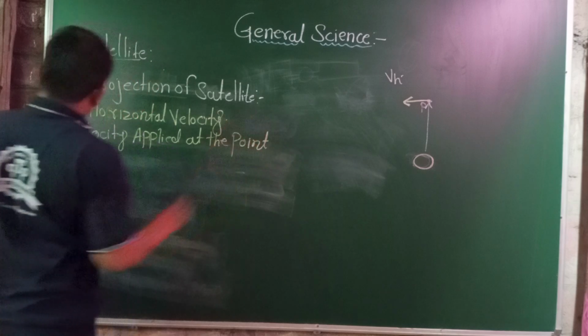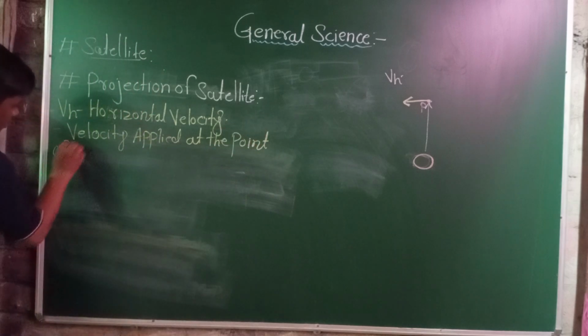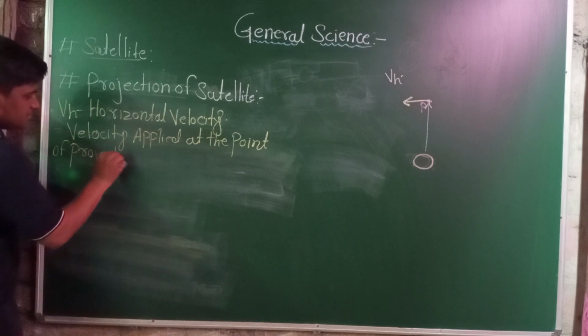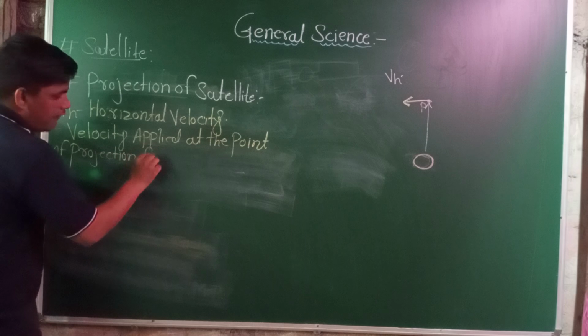The velocity applied at the point of projection. Point P is known as the point of projection of the satellite.